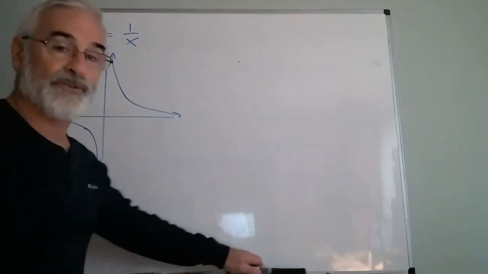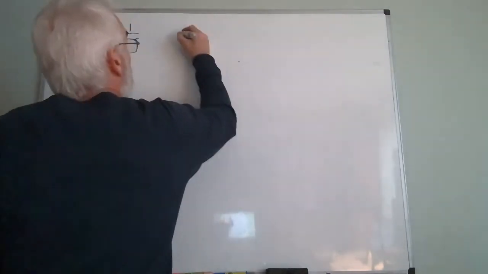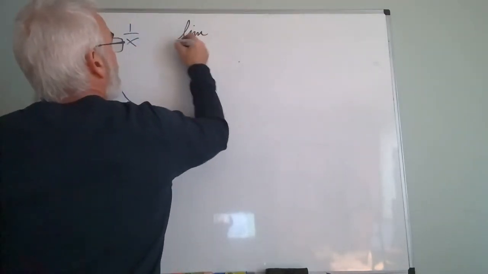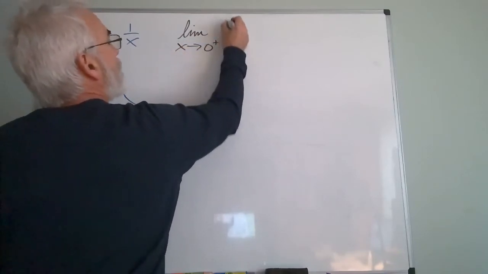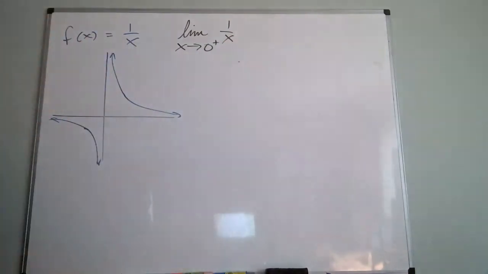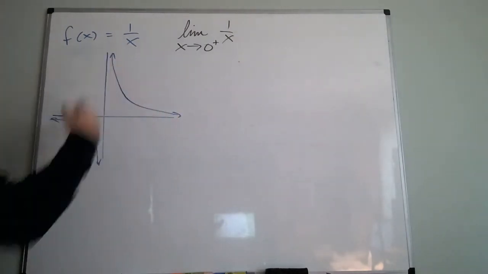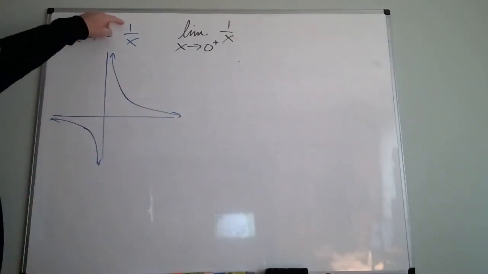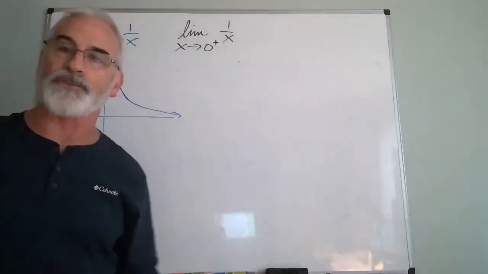So there are two extremely important conclusions we want to reach here. I said the limit as x approaches 0 from the right of 1 over x. That's what the little plus sign means. I'm approaching 0 from the right. As x approaches 0 from the right, 1 over an infinitesimally small value gives me an astronomically large value.